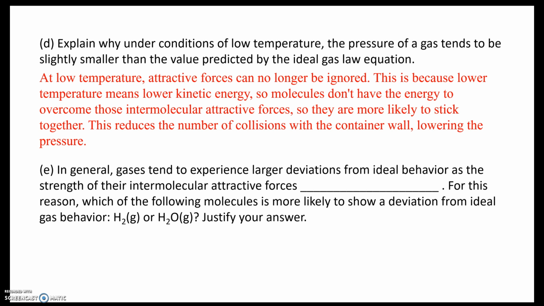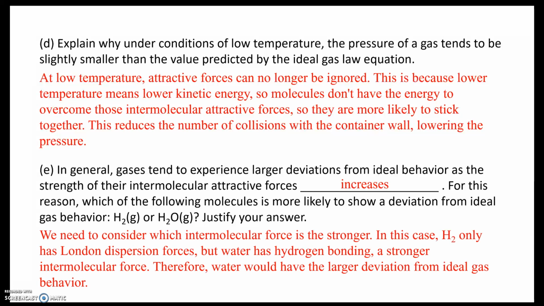All right, part E. In general, gases tend to experience larger deviations from ideal behavior as the strength of their intermolecular attractive forces increases. For this reason, which of the following molecules is more likely to show a deviation from ideal gas? Hydrogen or water? And then we want to justify our answer, okay? So we need to consider which intermolecular force is the stronger force.